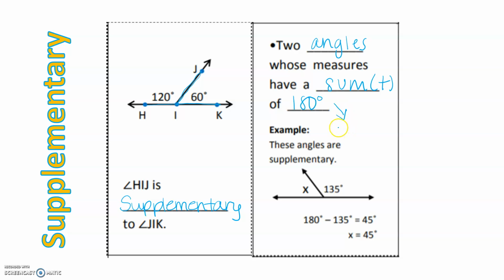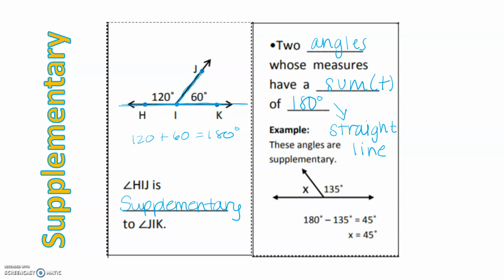And you should know that 180 degrees is the measurement of a straight line. Okay, so over here we see that angle HIJ is 120, and then JIK is 60. If we add those two up, we get 180 degrees, which is the straight line across.